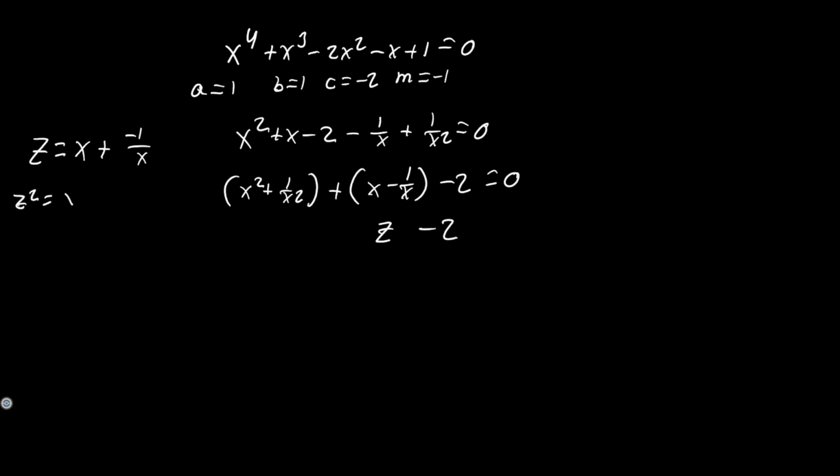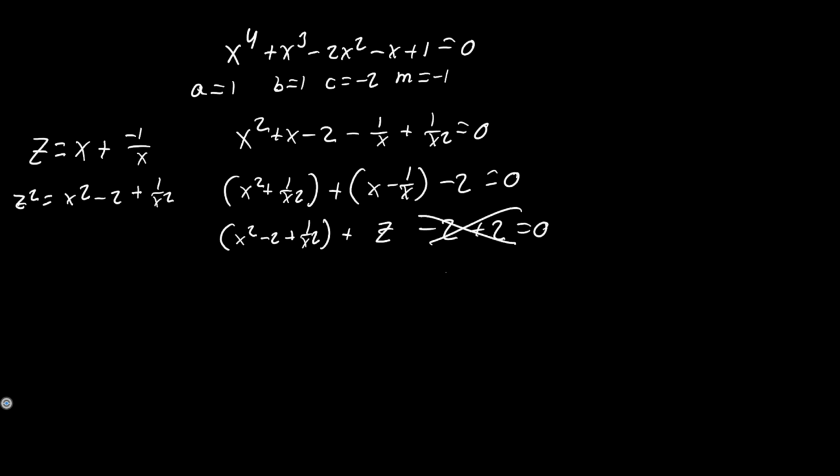So we have x squared minus 2 plus 1 over x squared. So we have to include x squared minus 2 plus 1 over x squared plus z minus 2, and we're subtracting the 2, we have to add a 2, which is equal to 0.